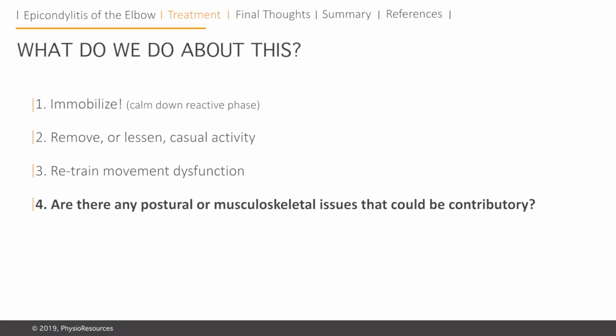So what we really need to be asking ourselves as clinicians is, are there any other postural or larger musculoskeletal issues that could be contributory?